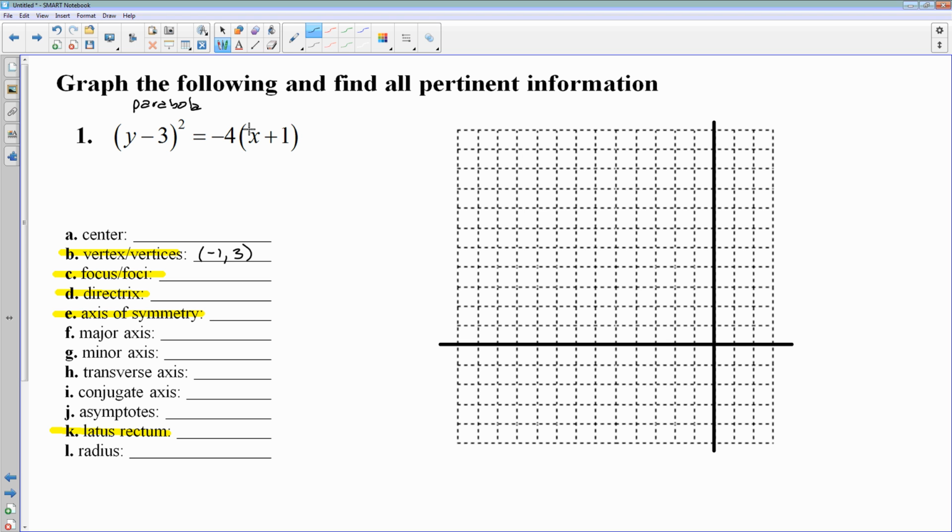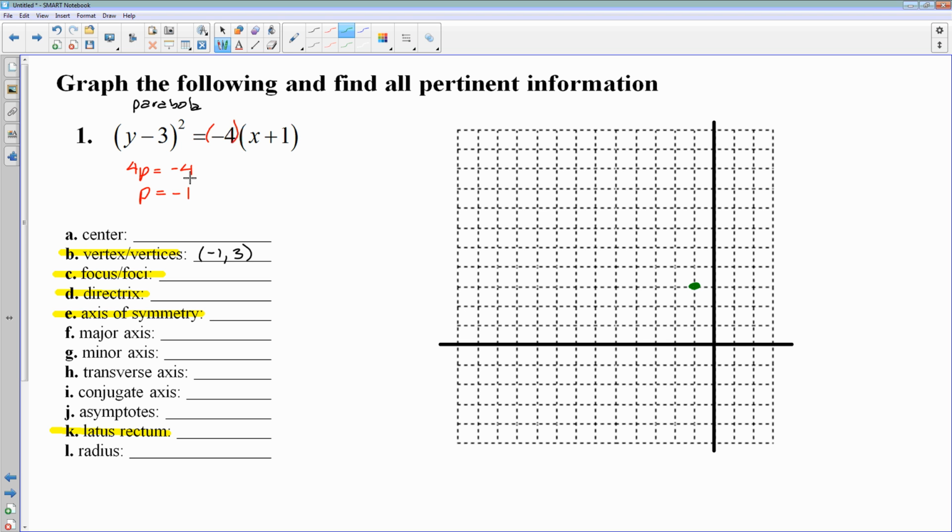I will find my p. Remember, this number right here is actually 4p. So 4p equals -4, which means p is -1. And remember, p tells you how far you go to get to the vertex, or to the focus and the directrix. So I'm going to start by plotting my vertex, -1, 3.